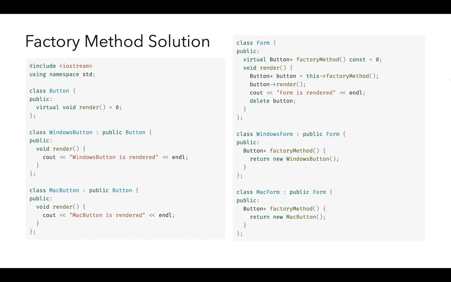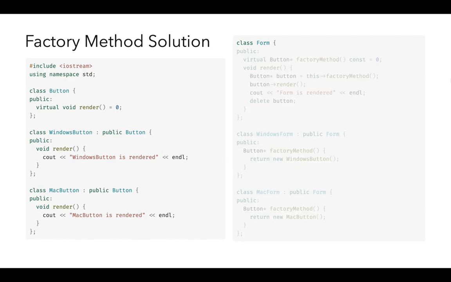Let's see the factory method solution. Similar to the naive solution, we have the button parent class and the two subclasses, Windows button and Mac button, which override the render method from the parent button class. And now we explicitly create a form class which has two methods, factory method and the render method.